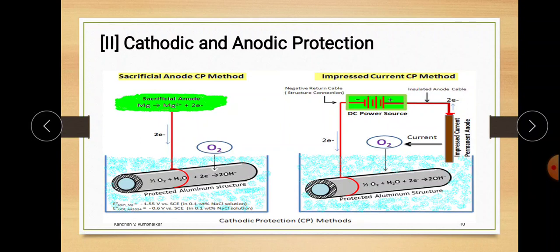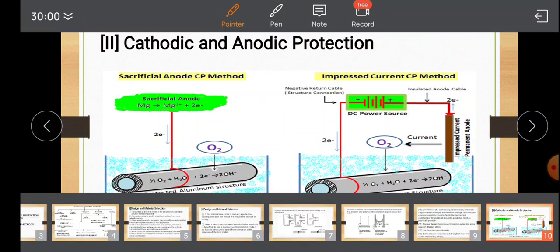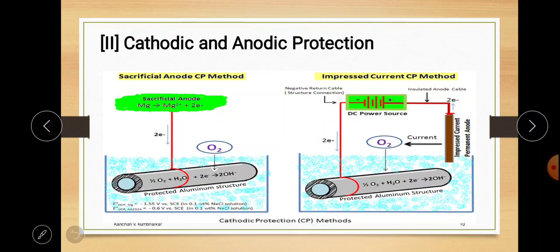Aluminium acts as the anode and copper acts as the cathode. Aluminium is more active than copper.